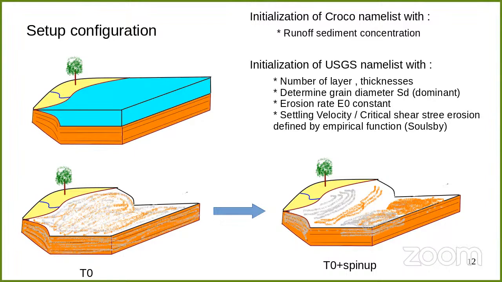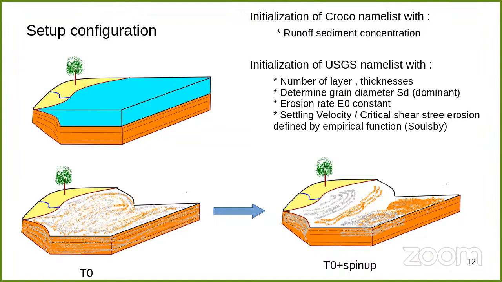This roughness is for the hydrodynamic, but if you are using a bottom boundary layer, you can access the orbital velocity and then the stress related to this. And you have the wave current bottom stress, and that's important for the sediment. But you don't have to initialize it on the CROCO name list.